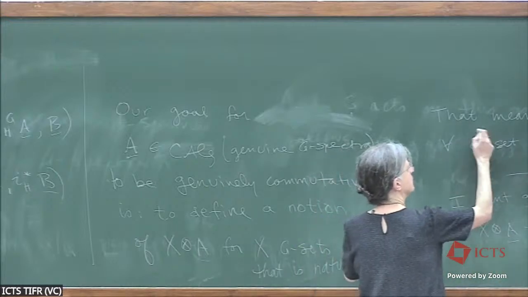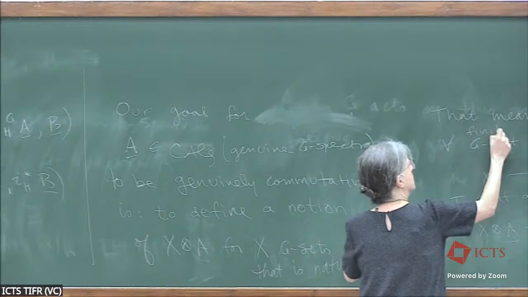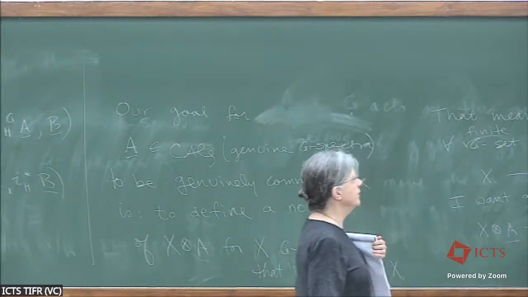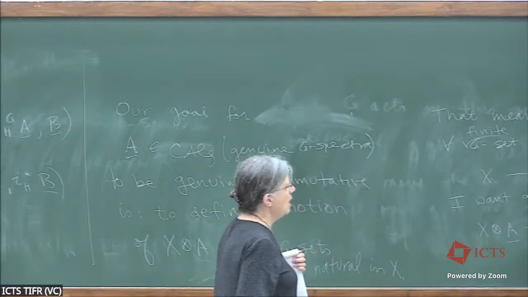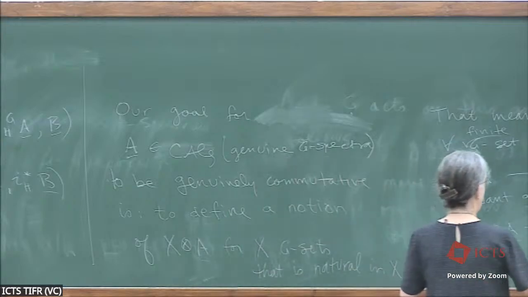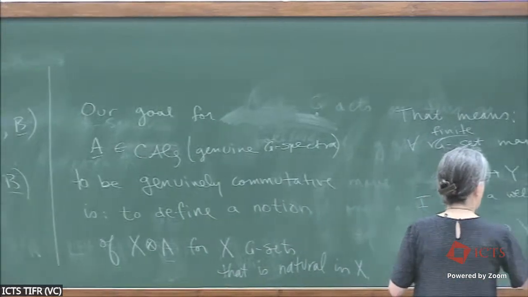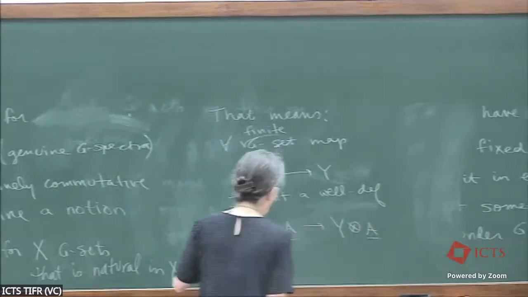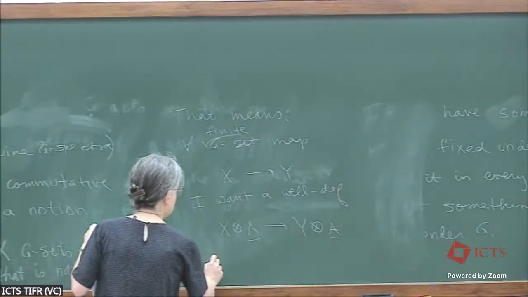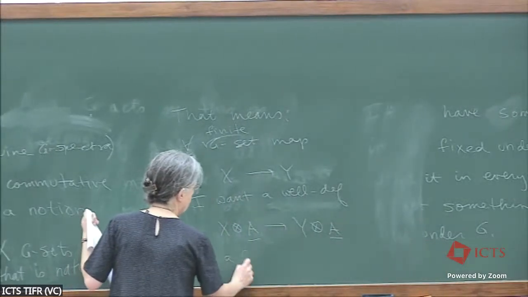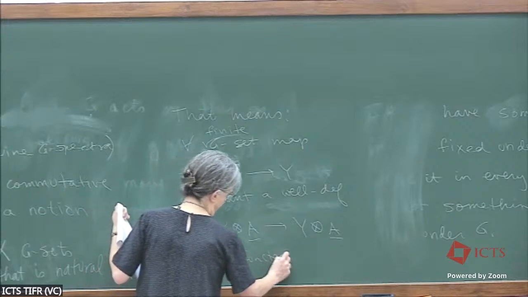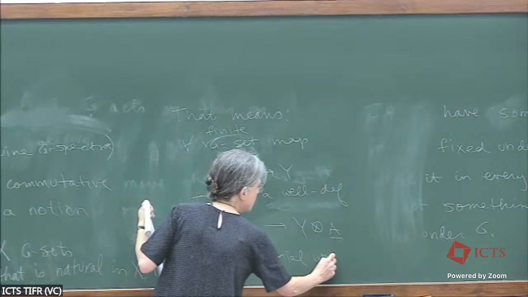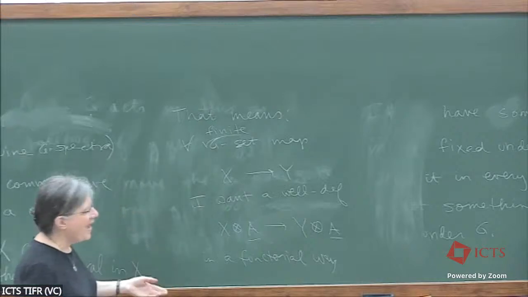These are finite. They're going to be simplicial eventually. Right now, they're just finite. I want a well-defined map from X to Y in a way that respects, in a functorial way, compositions and identity.